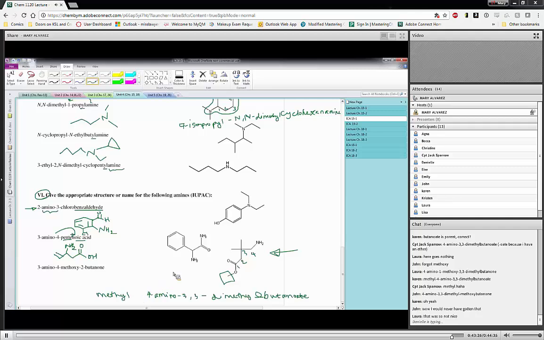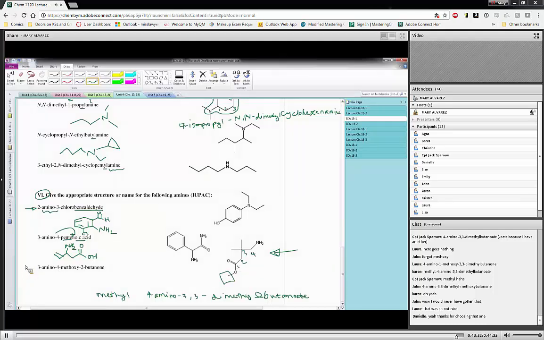A methoxy would just have an ether. So, John, the 4-amino 3,3-dimethyl, we've got a methoxy, like a butanone would be a ketone, right? Indicating that you've got a carbon there. Careful, careful, careful. Yeah, I picked this one because naming esters can be hard.